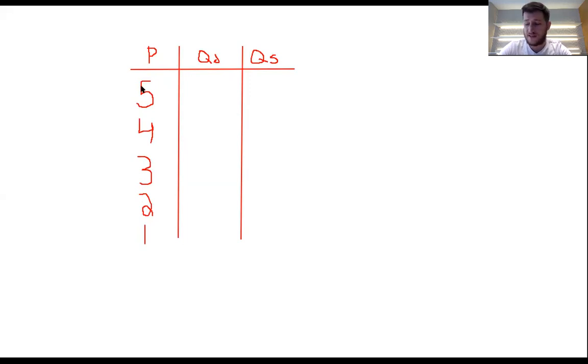So at a price of 5, our quantity demanded is going to be 10, but our quantity supplied is going to be 50. All right. And then at a price of 4, our quantity demanded is going to be 20 with a quantity supplied of 40.